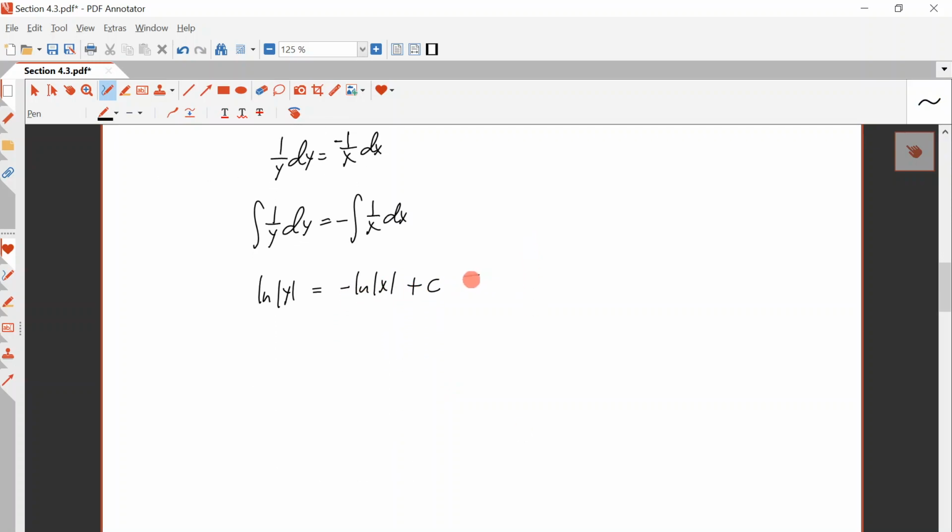Alright, so this is a general solution for y as a function of x, implicitly.